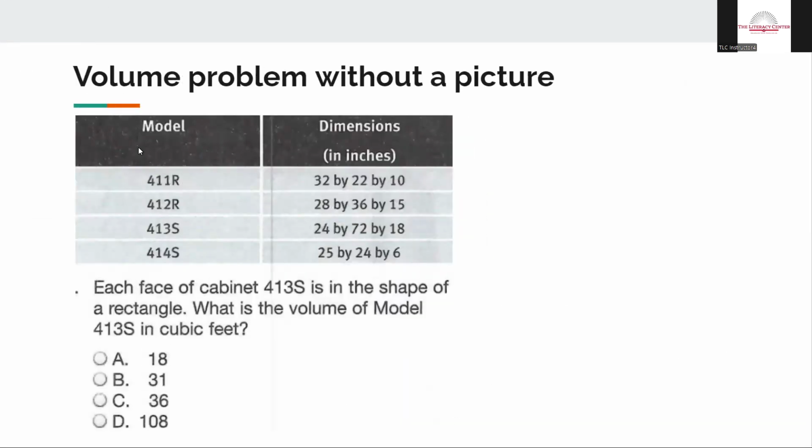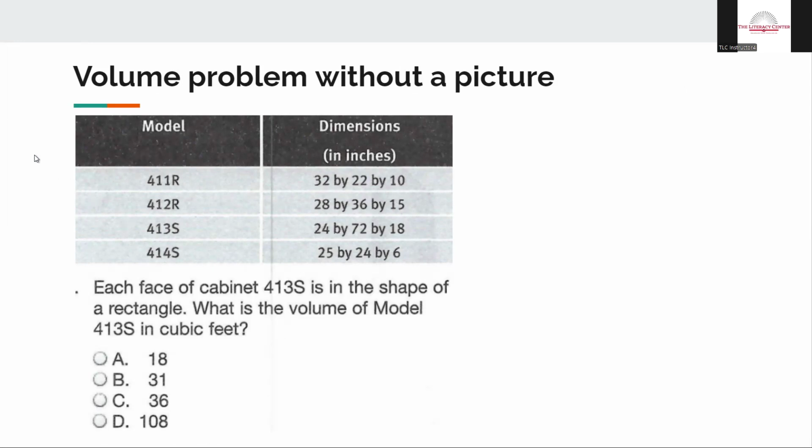This is a volume problem. Normally, volume problems have a picture of a shape, but this one's unique. Each face of cabinet number 413S is in the shape of a rectangle. What is the volume of model 413S in cubic feet?